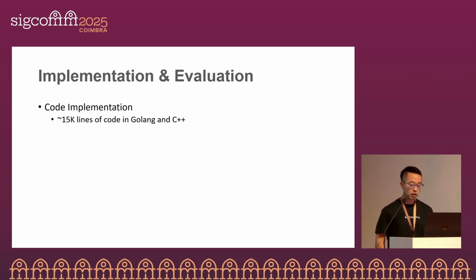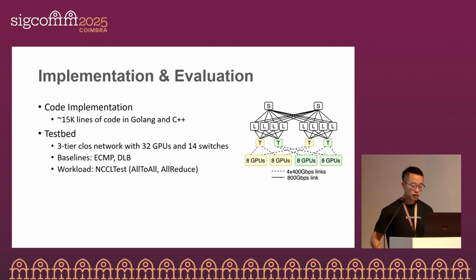So next, we come to the evaluation part. In terms of code implementation, there are roughly 15K lines of code implemented in Golang and C++, written for sync mesh, the orchestrator, and the EDK running on the embedded processor as mentioned previously. And the testbed is a 3-tier cluster network topology with 32 GPU servers and 14 Ethernet switches as shown on the right-hand side.